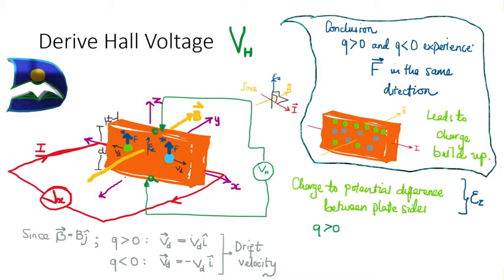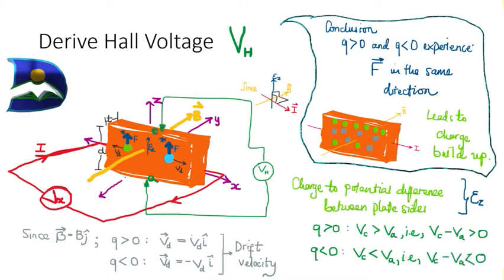And in this case, if we have our quantity of charge to be greater than 0, it means that in this case the voltage at C is way greater than that of the voltage at A. Therefore, the voltage at C minus the voltage at A is always greater than 0. That is the convention right there. And if the quantity of charge is less than 0, it means that in here the voltage at C is less than that of A. Therefore, the voltage at C minus that of A means that the result must be less than 0.